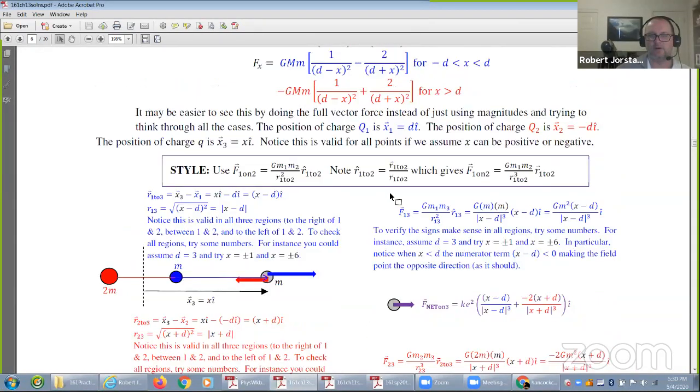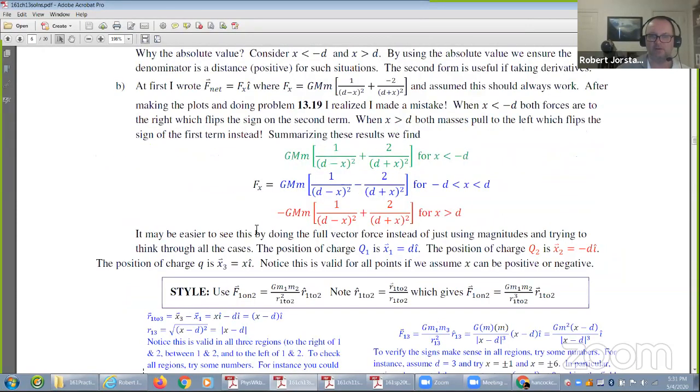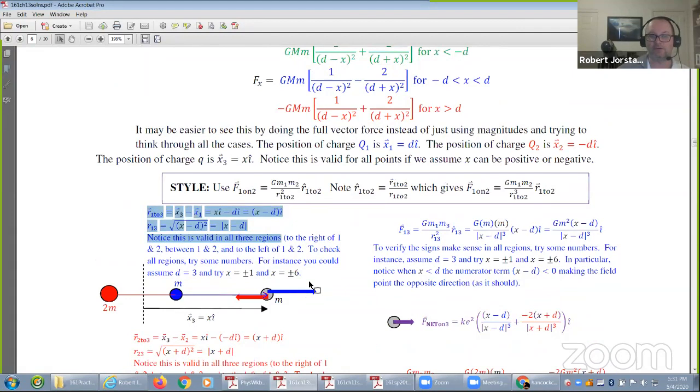You could think about the three cases. It's not that bad. We did that. Or you could just use style 2 and let the math do the thinking for you. I kind of like that personally.